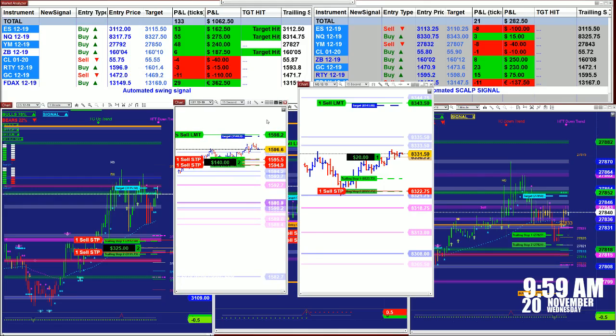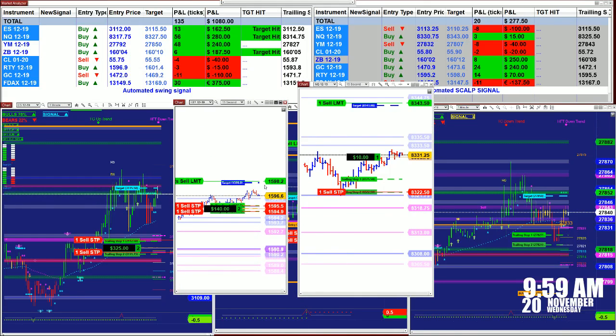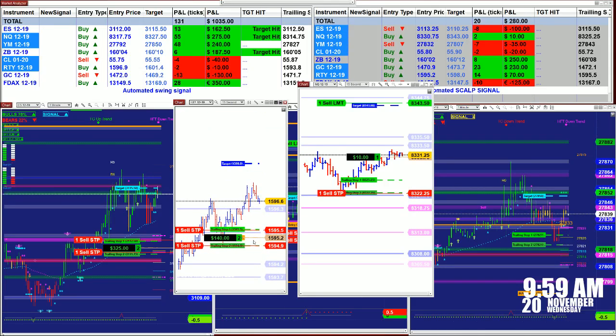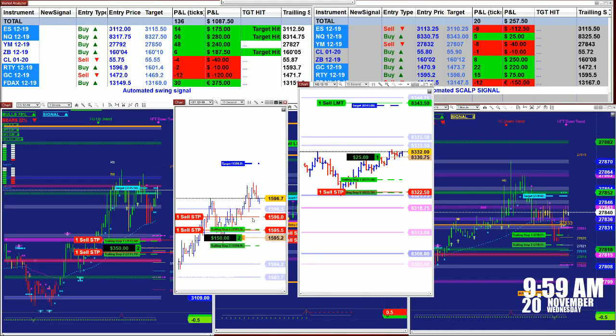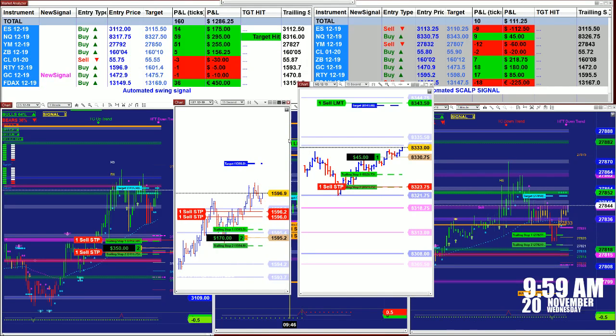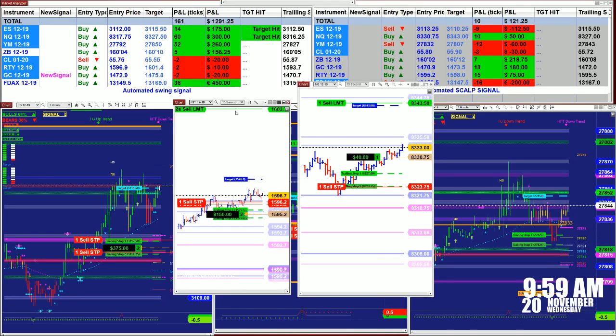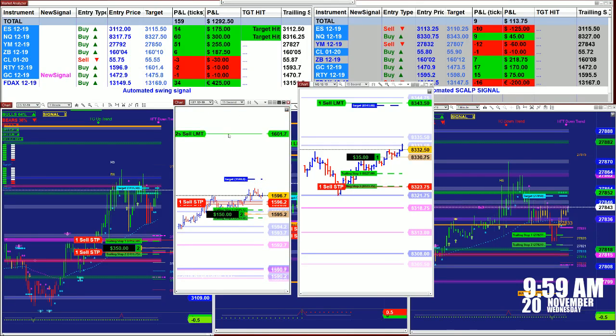Then you can manage it, extend your target, take some of the profit off, or secure some of your profit, and you can override the auto trade without disabling the auto trade.